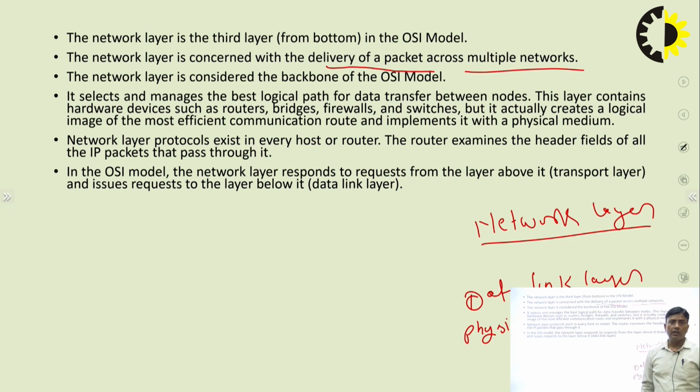As we know, the work of the physical layer is to change the data into signal form, into 0-1 form, and that raw data is transmitted from source to destination by using different types of communication medium, like twisted pair, fiber optics, or satellite communication.